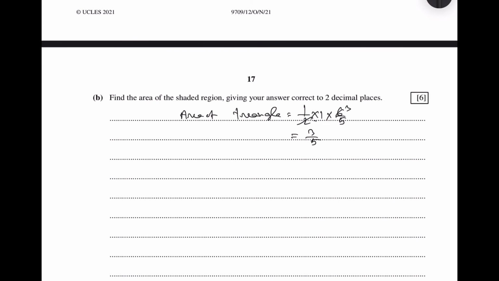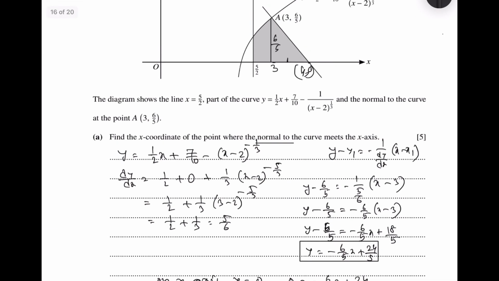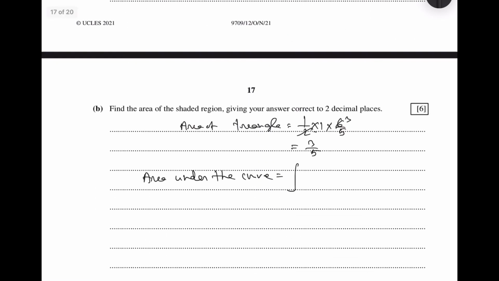So let us write the area under the curve: the integral from 5 by 2 to 3 of half x plus 7 by 10 minus (x minus 2) to the power 1 by 3, dx.